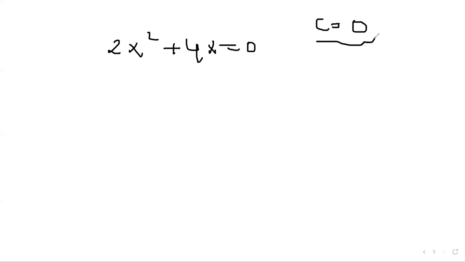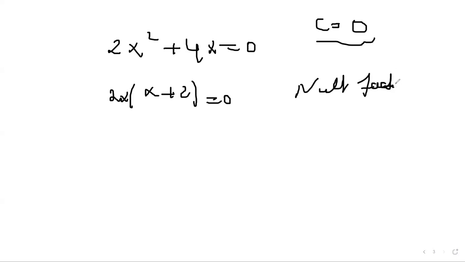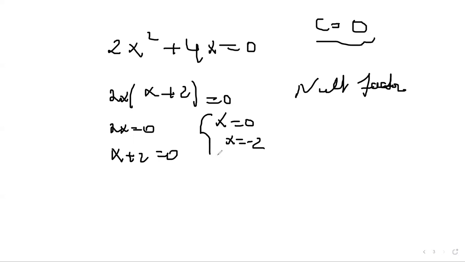We said that we can factorize here: 2x times (x plus 2) equals 0, and we use the null factor theorem. It says that at least one of them or both of them should be equal to 0. So 2x equals 0, or x plus 2 equals 0, so x equals 0 and x equals -2. Obviously there are two solutions for this equation.